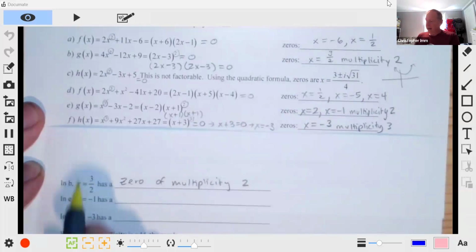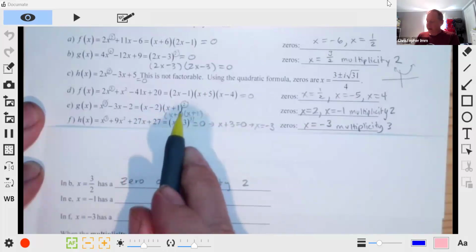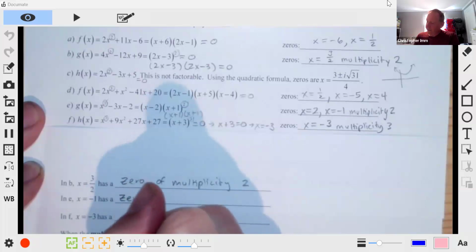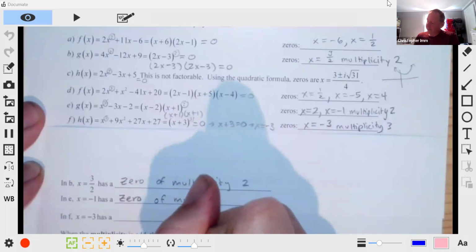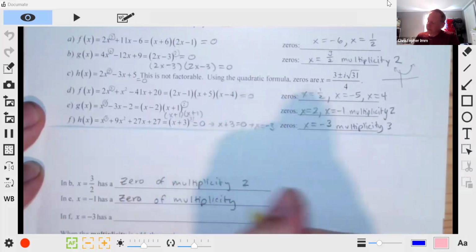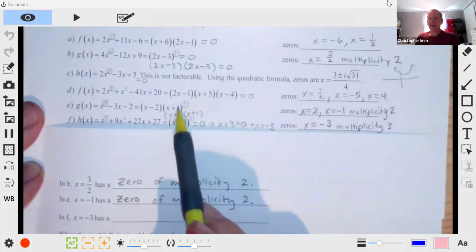In E, we have a factor of x plus 1 squared. So we can say that x equals -1 has a 0 of multiplicity 2 as well. Notice that it's always the power on the factor there.